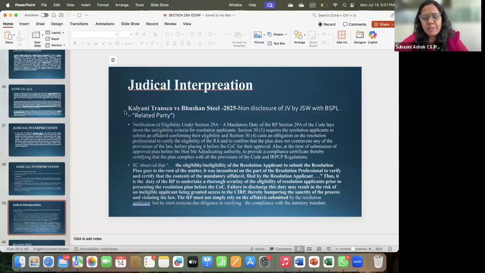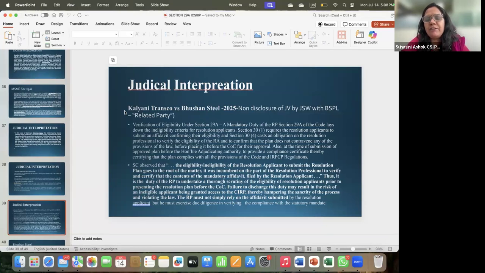The COC will again examine the feasibility and viability of the resolution plan, financially, and also on the implementation aspect and compliance aspect. Especially bankers are very diligent in compliance, because they have their own reporting and audits: concurrent audits, quarterly audits, yearly audits, CAG audits.